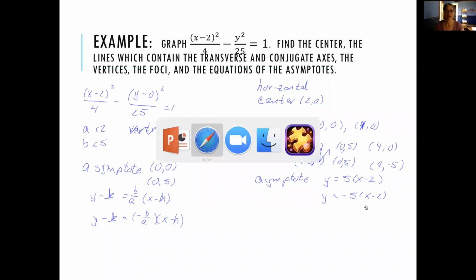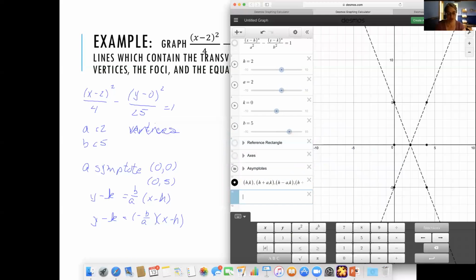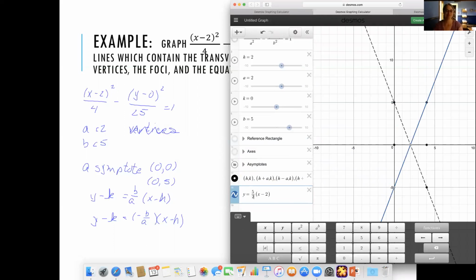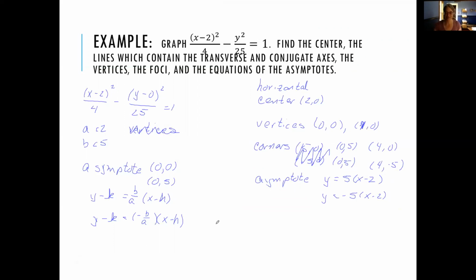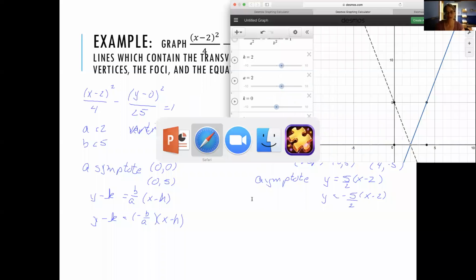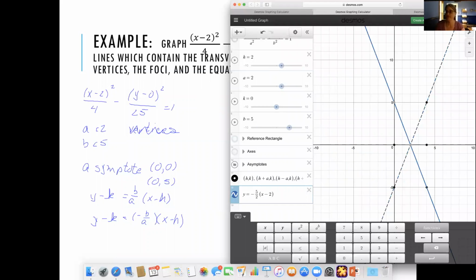We can double check that on our Desmos graph by putting those in. Y equals 5 times x minus 2. Whoops, I fibbed. That's because that should be 5 halves. There we go. A is 2, right? So my slope is 5 halves. Slope is b over a. Don't forget that bottom part, it's important. And the other one will be y equals negative 5 halves times x minus 2.